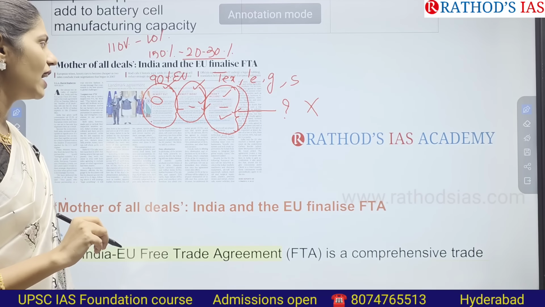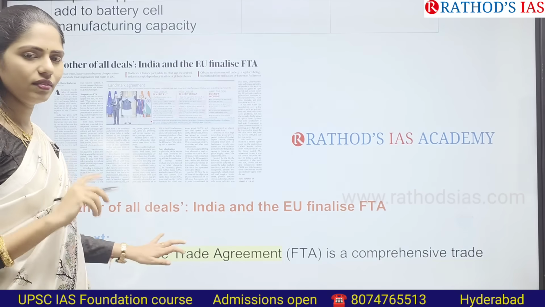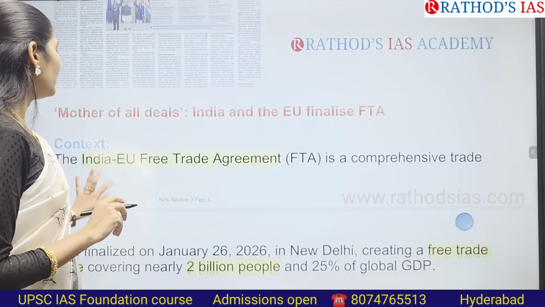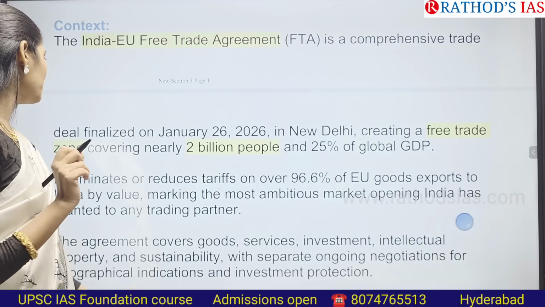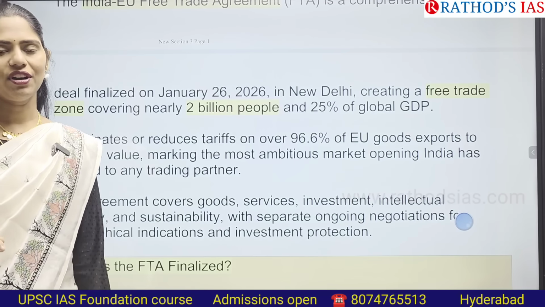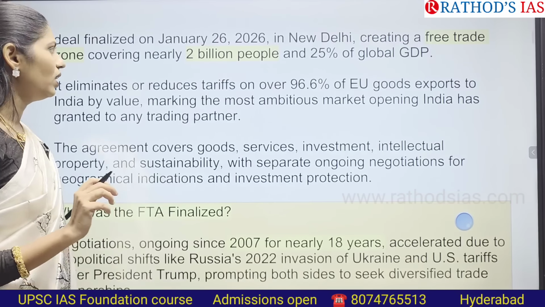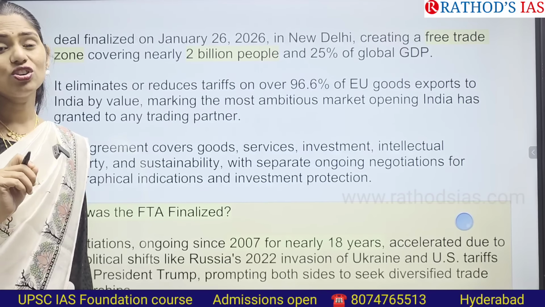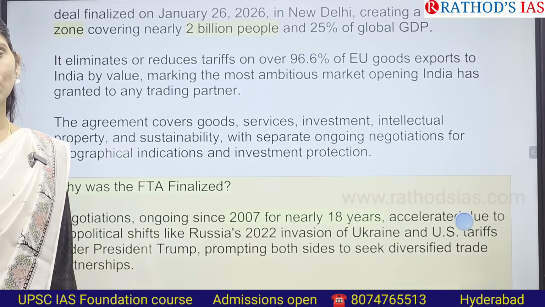Now let us see this article in detail. What exactly is given in this article? The India-European Union Free Trade Agreement is a comprehensive trade deal which has been finalized, and it is going to create a free trade zone covering around 2 billion people and 25% of global GDP.